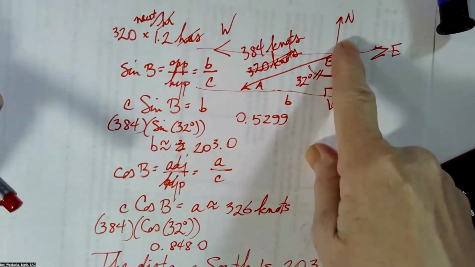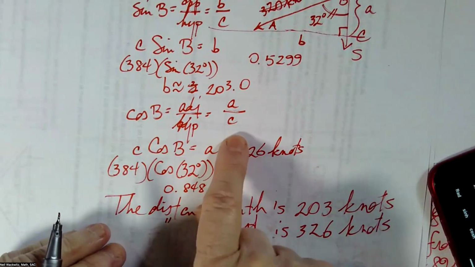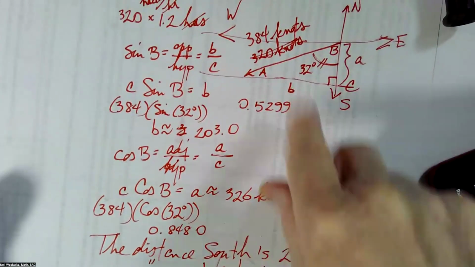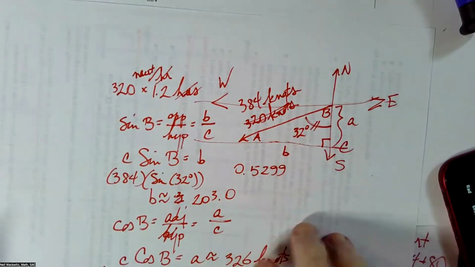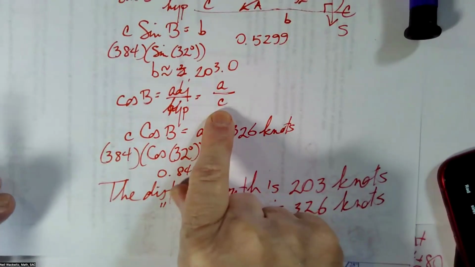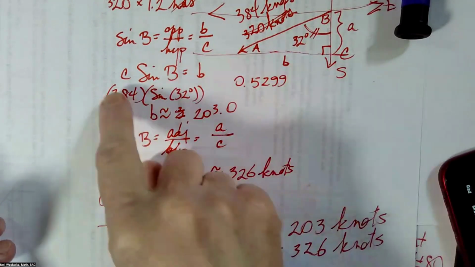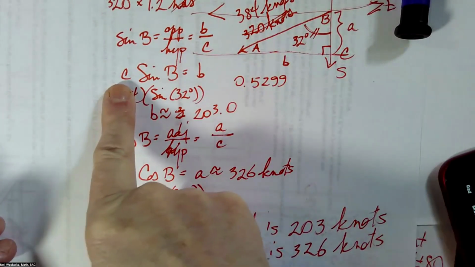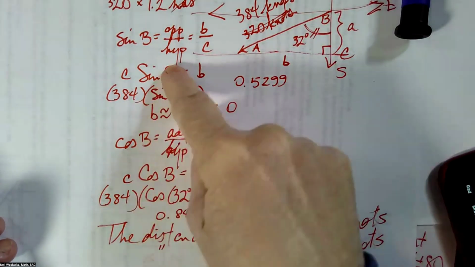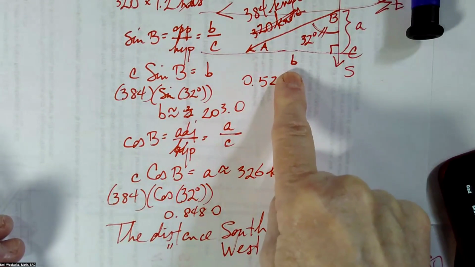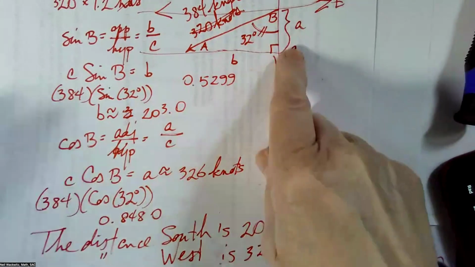So to get the vertical component, we multiplied the distance we knew times the cosine of the angle. And to find the horizontal component, we multiplied the distance we knew times the sine of the angle. So sine for horizontal, cosine for vertical, if the angle is in the top here.